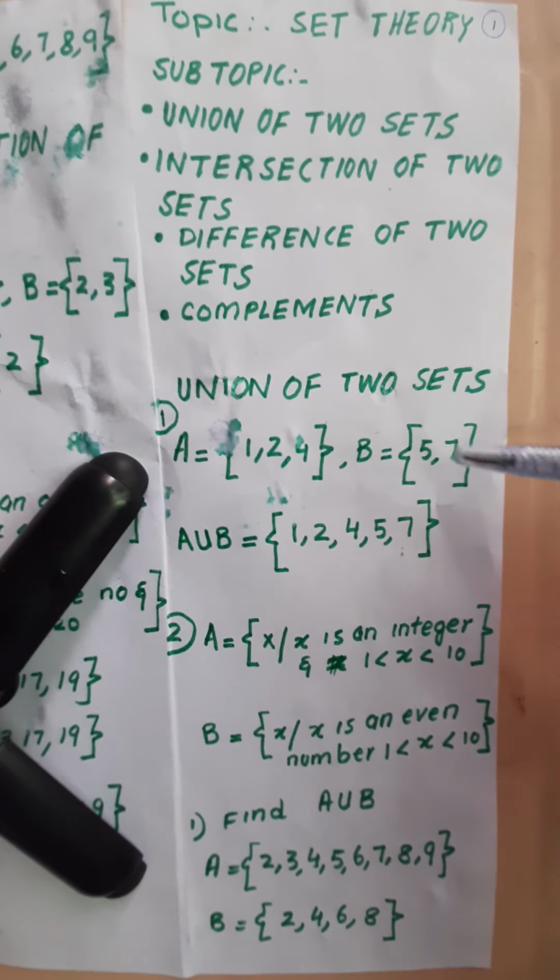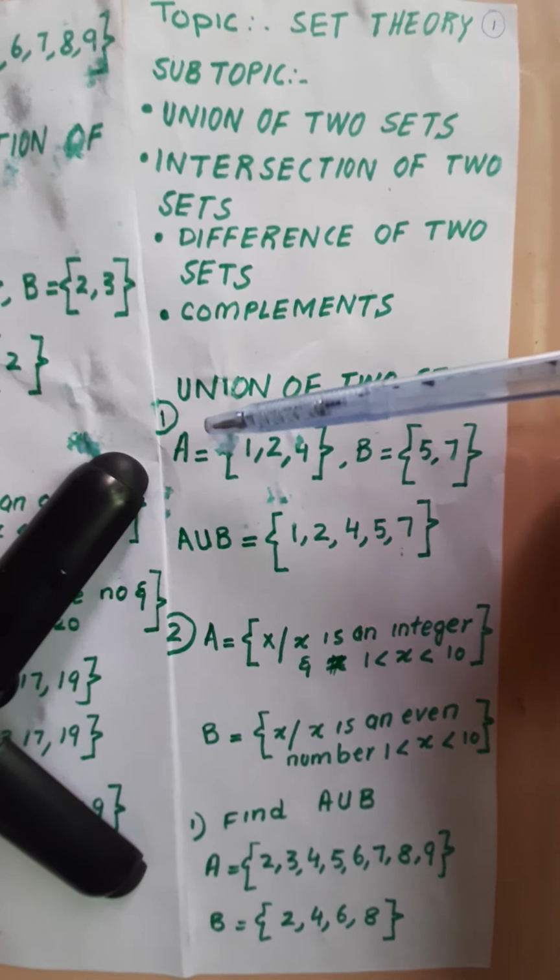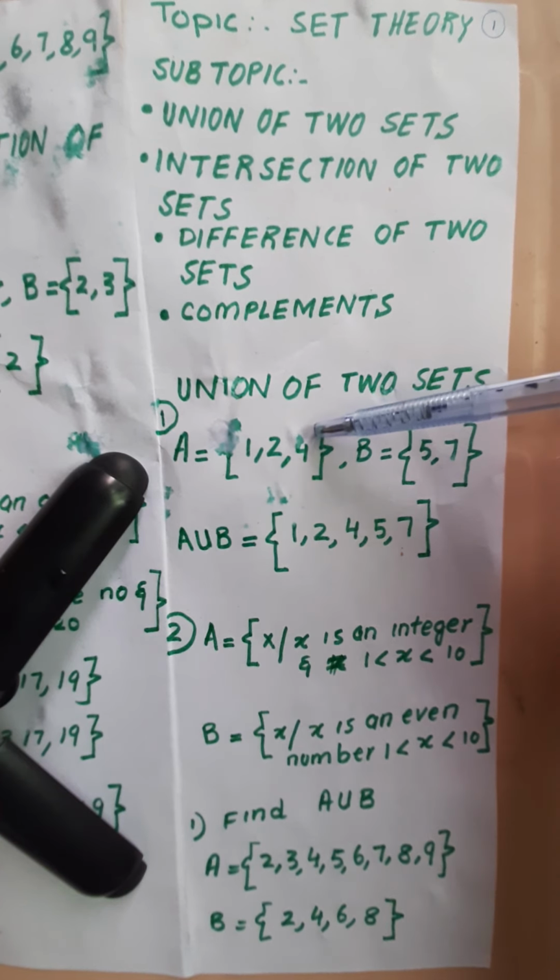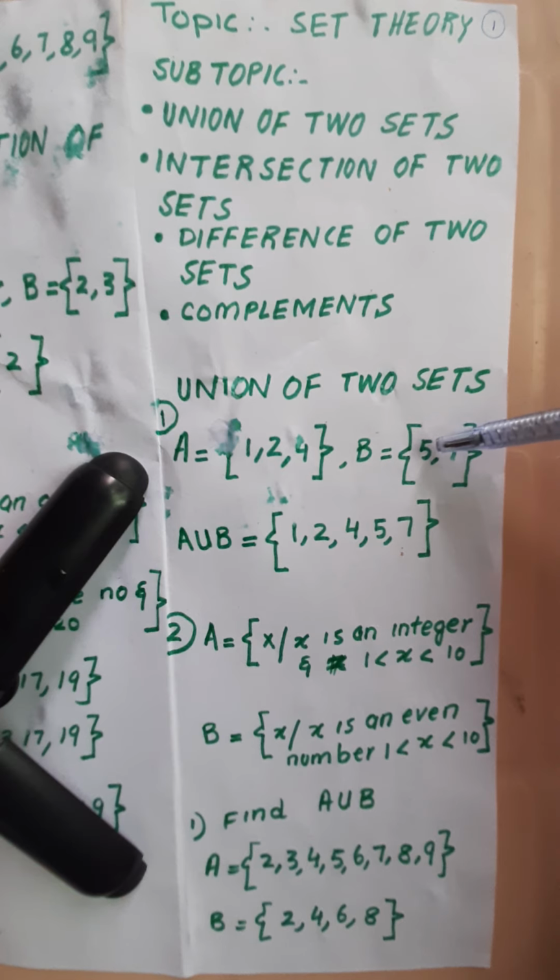The union of two sets means if we have a set A with elements 1 to 4 and we have a set B with elements 5 and 7.